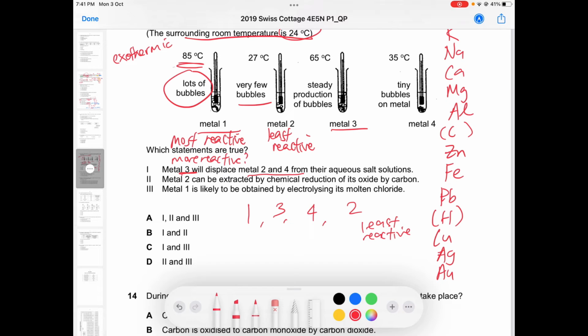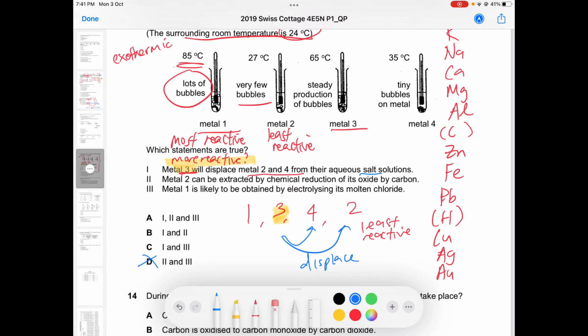Is method 3 more reactive than 2 and 4? And the answer is yes, it can displace. So 3 can displace 2 and 4 from their salt. So 1 is definitely correct.